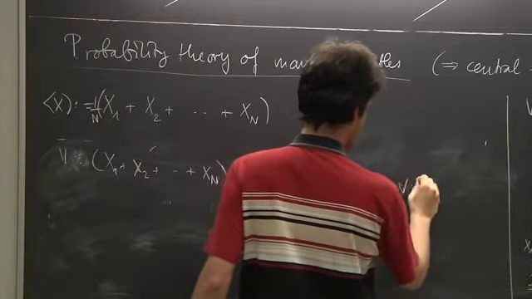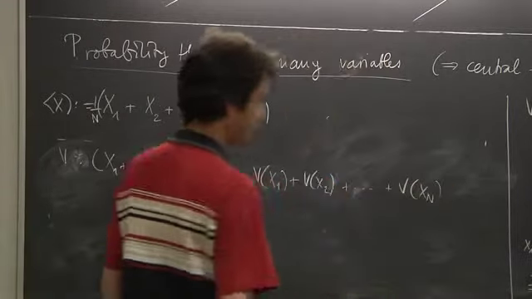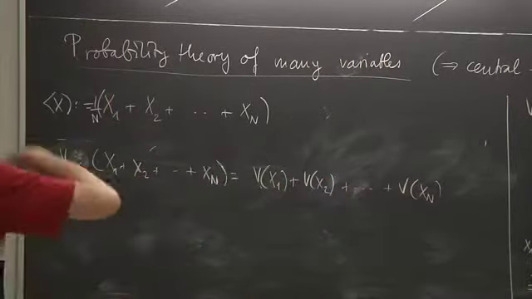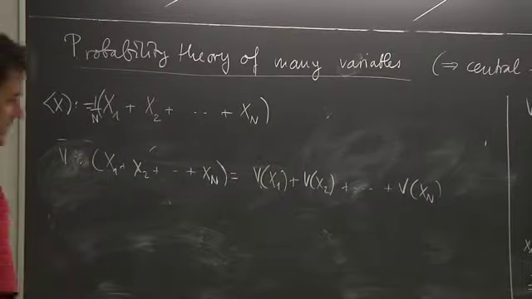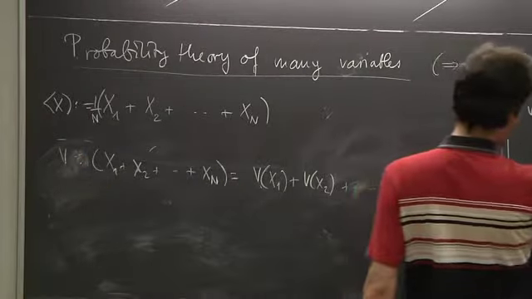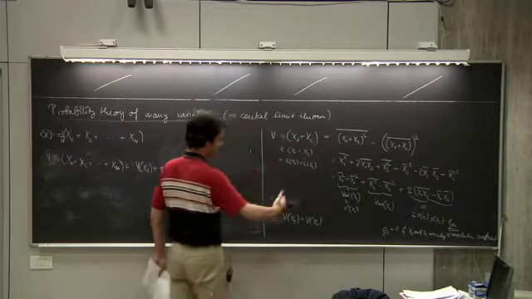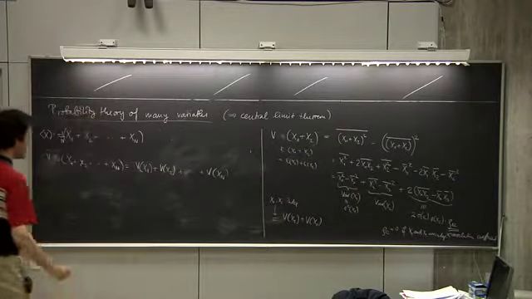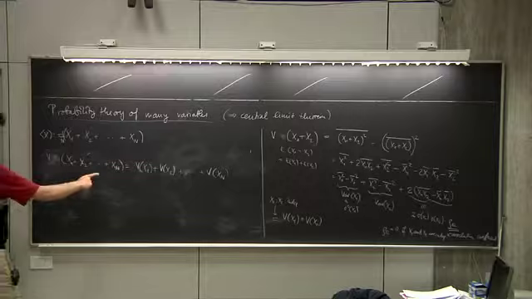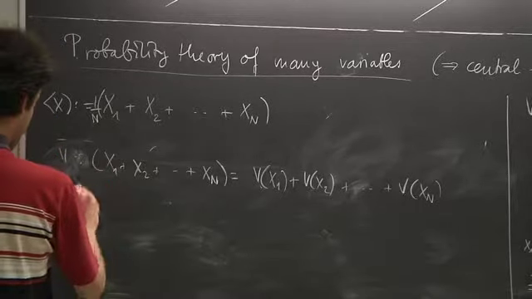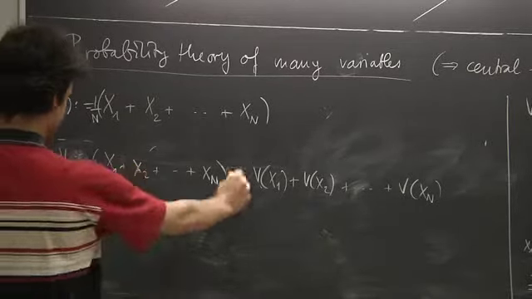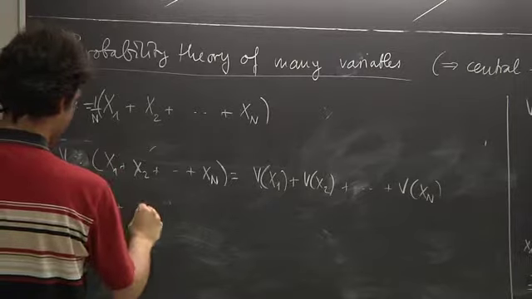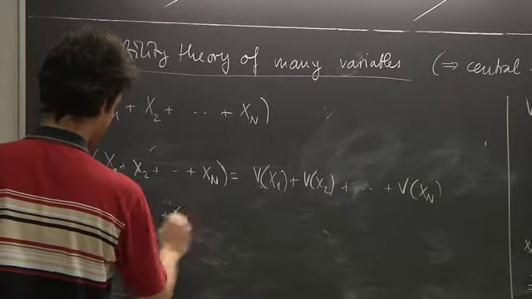This follows just from induction. If you know it for 2, then you show it for 3, regarding this as one variable and then plus x3 as the other variable, and it follows immediately. So what happens if I take the variance of the same expression, but divided by n?